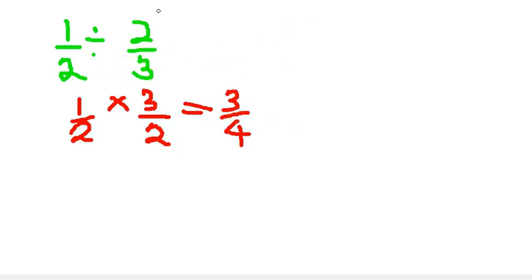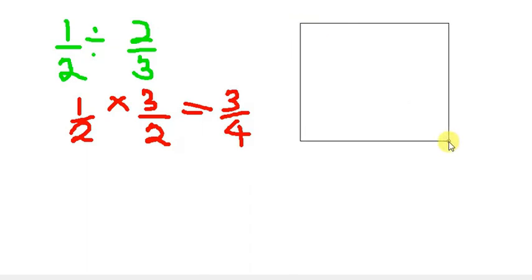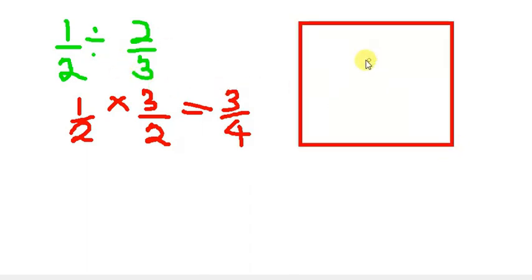So let's take advantage of the pictorial models or the illustrative approach to look at what we can do. So the fraction we have here is 1 out of 2, and we are dividing that by 2 out of 3. To start with, first of all, let's make our model. So we draw our model.